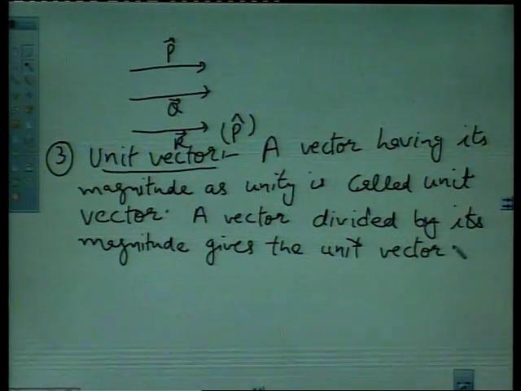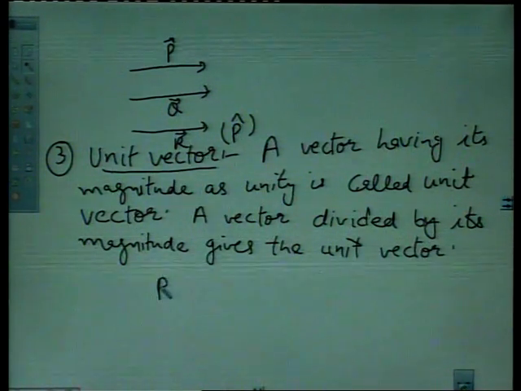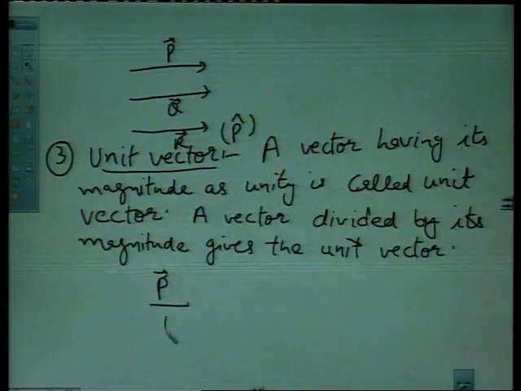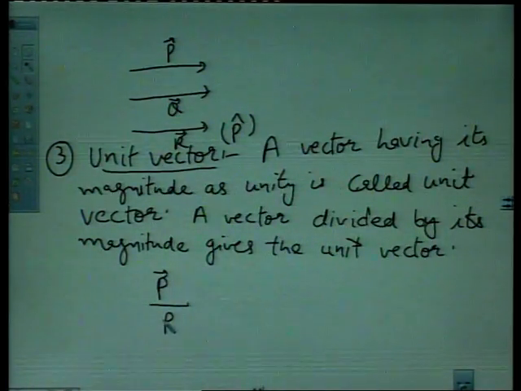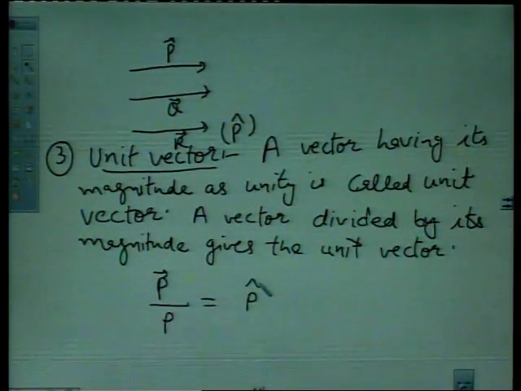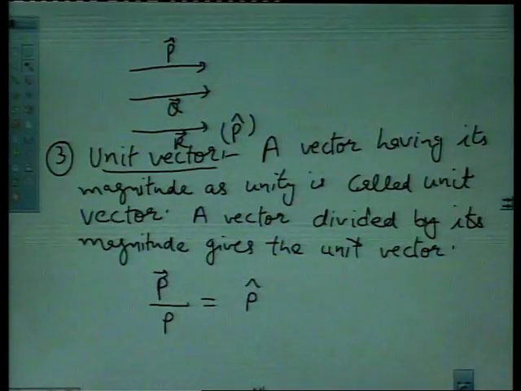So let us take a vector p vector and divide it by its value only p. So this is equal to p cap, which is the unit vector.